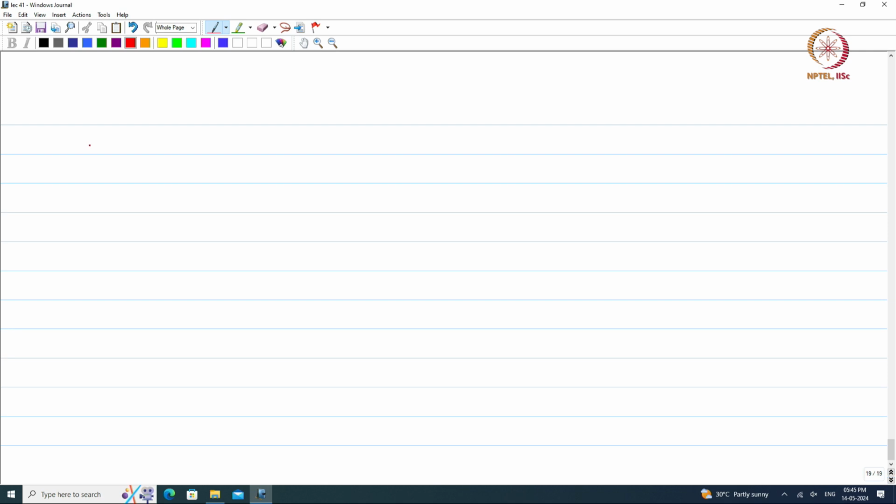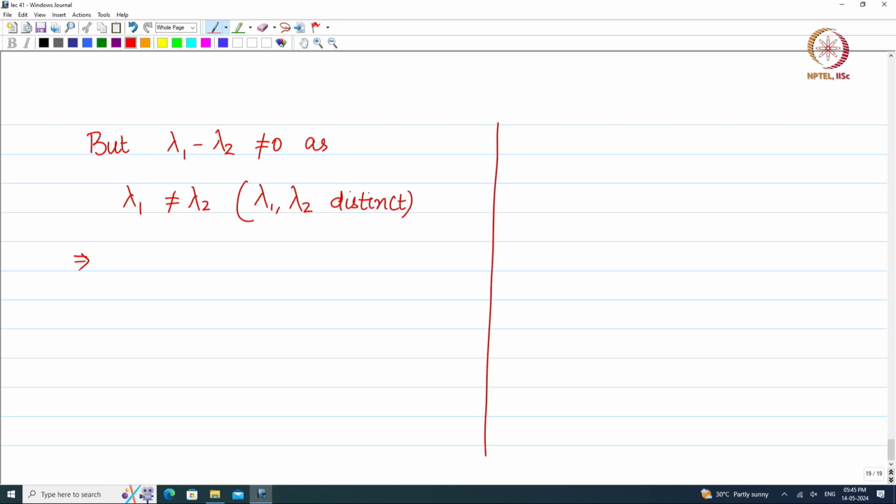But lambda 1 minus lambda 2 cannot be equal to 0, as lambda 1 is not equal to lambda 2. Why? Because we have taken lambda 1 and lambda 2 distinct. Therefore, that implies u transpose V is equal to 0.